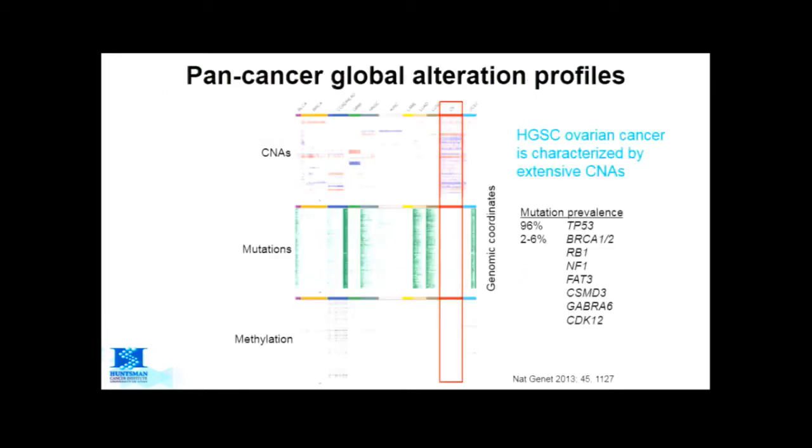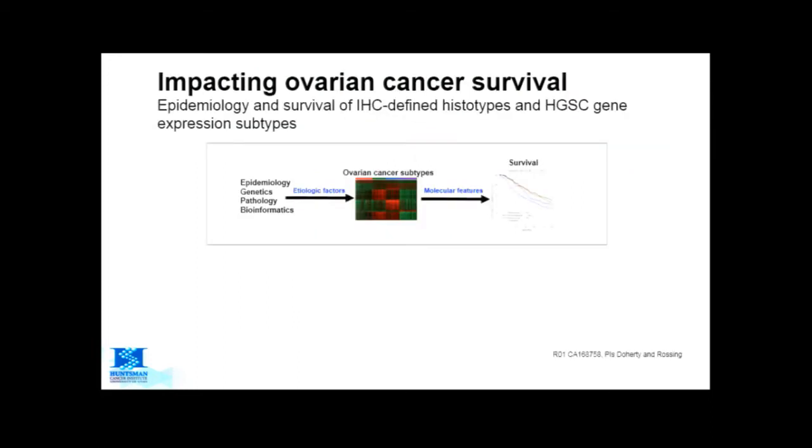On top of all of this, it's well known that ovarian cancer is genomically chaotic because it's characterized by extensive copy number alterations compared to other cancer types. Also, mutations are essentially private. Other than P53, there are very few recurrent mutations, and methylation is also quite quiet.